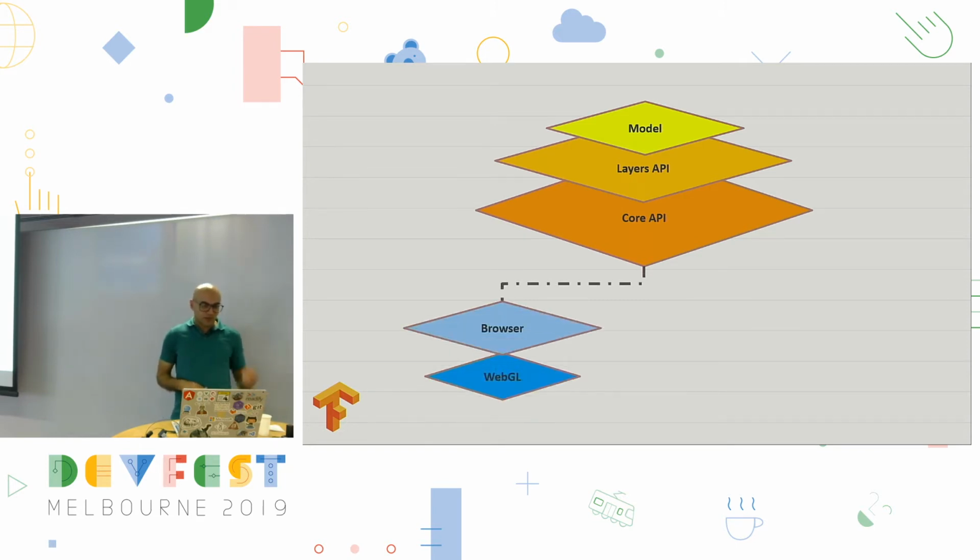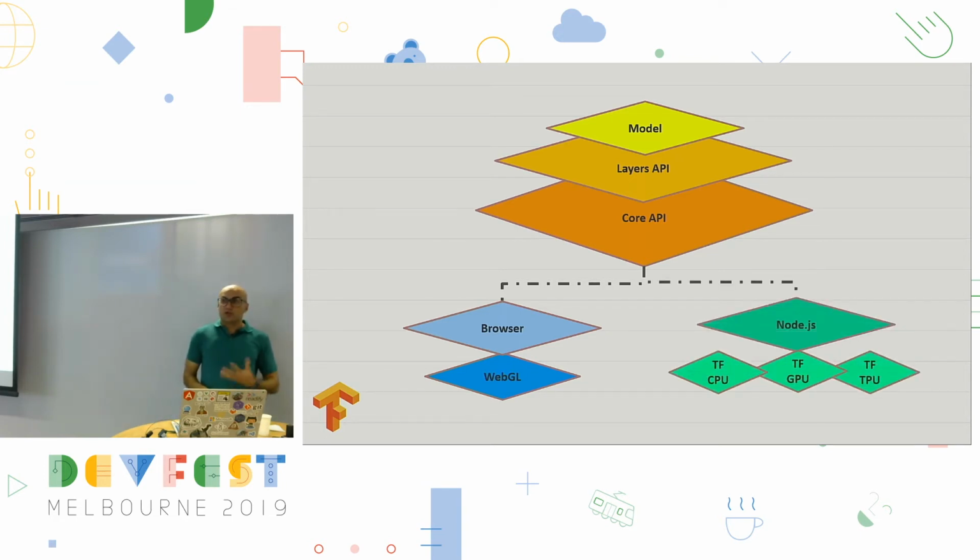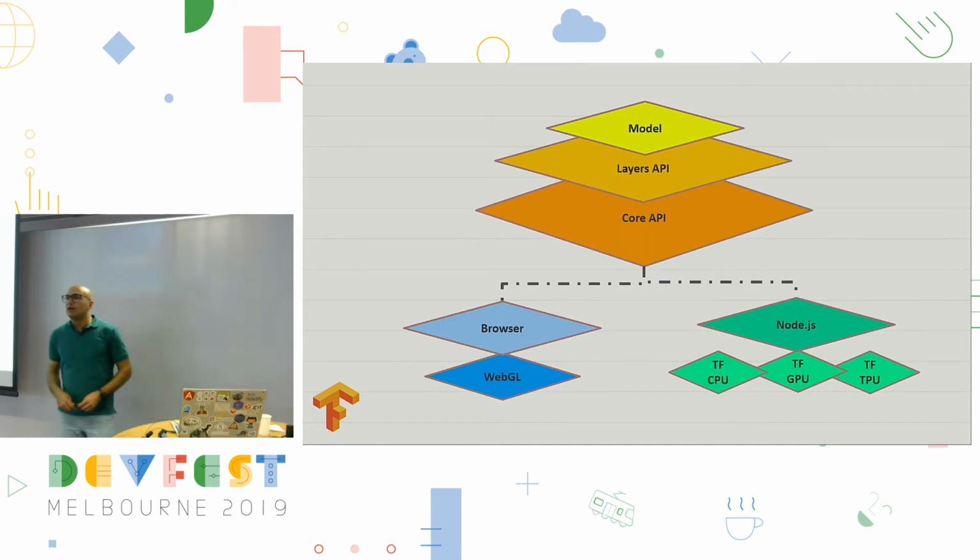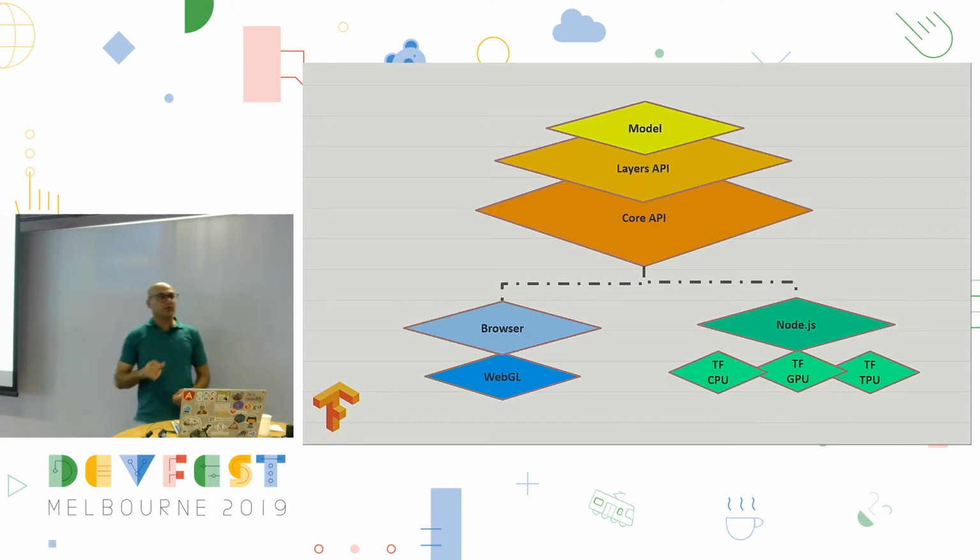Now, as we mentioned before, you could just use this in the browser, in the web space using WebGL. Or you could use it in Node.js, which is also possible today, and you could utilize those TPU, GPU, and CPU. Now, you might have a question of why we should use it in Node.js if you're talking about web. Well, as I mentioned before, the data is really important in any machine learning model, and data is really large most of the time.